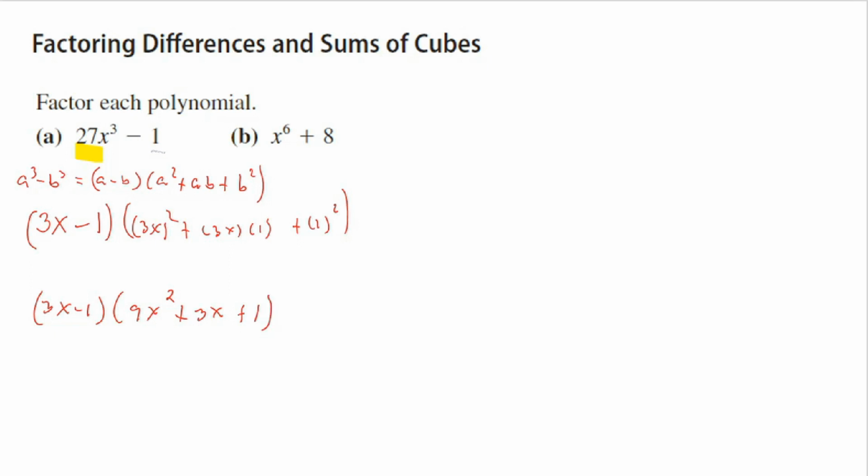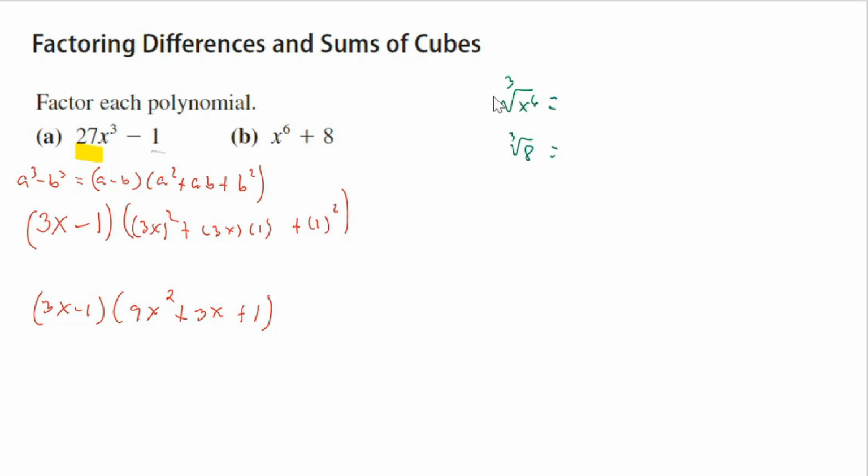Okay, and next for letter B, we have x to the power of 6 plus 8. Now, what is the cube root of x raised to 6? And what is the cube root of 8?